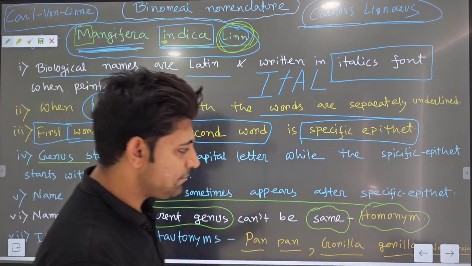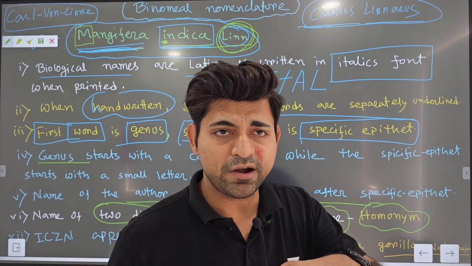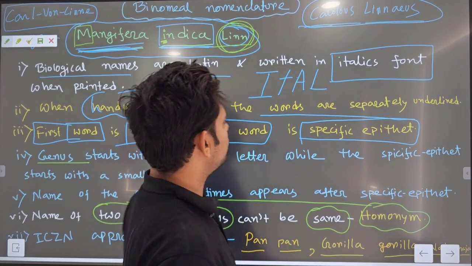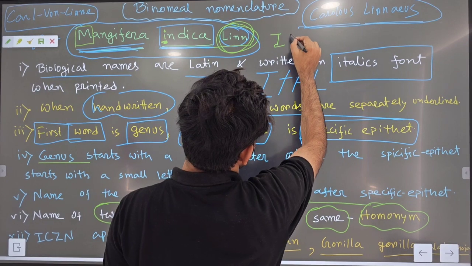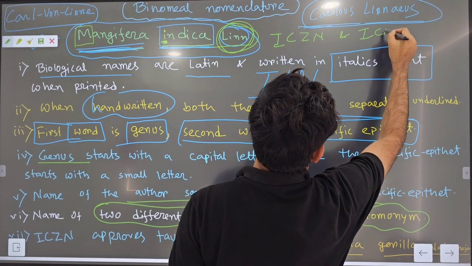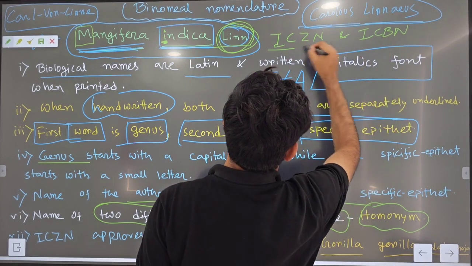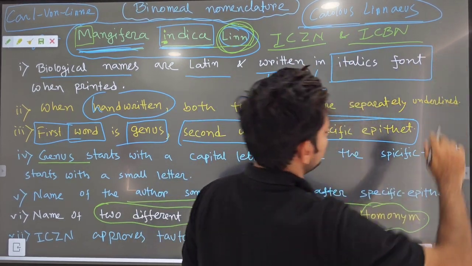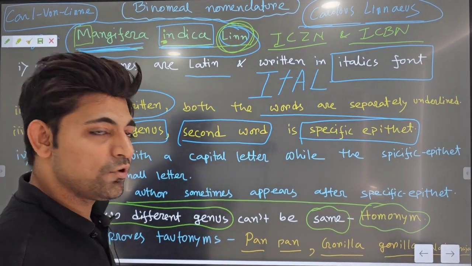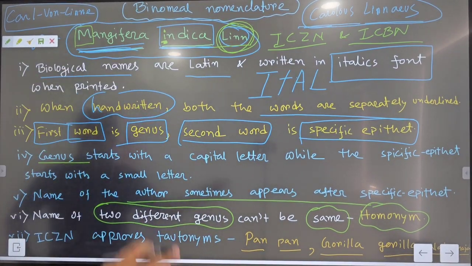If there is any homonym, the regulatory body will discard it. Who are the regulatory bodies? There are two: ICZN and ICBN, the International Code for Zoological Nomenclature and the International Code for Botanical Nomenclature. They will discard it. Homonyms are not entertained.